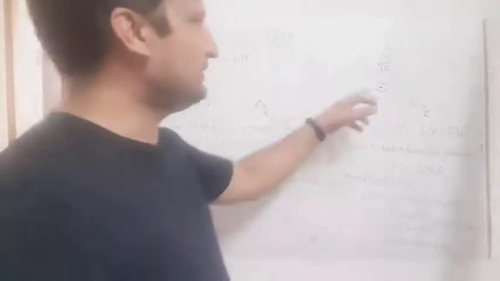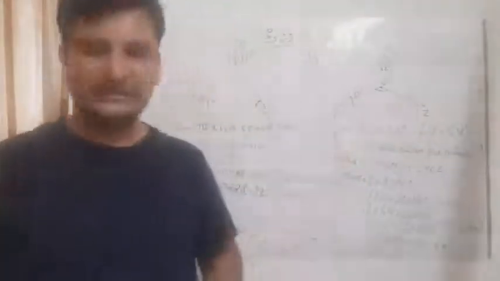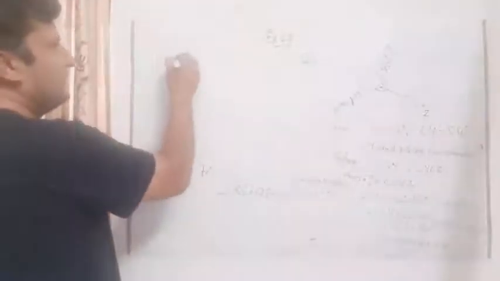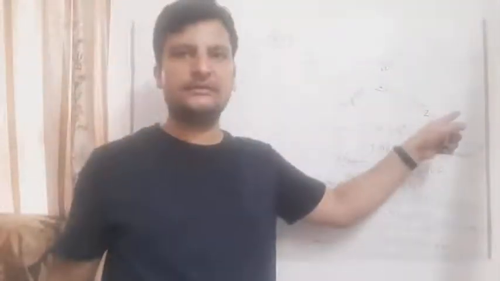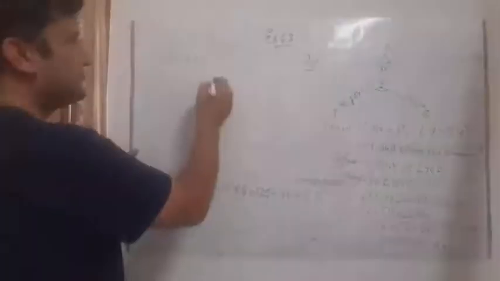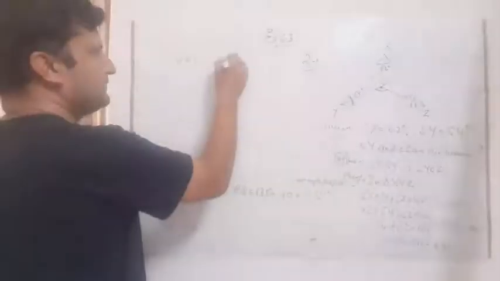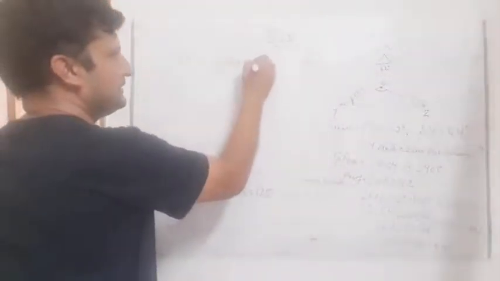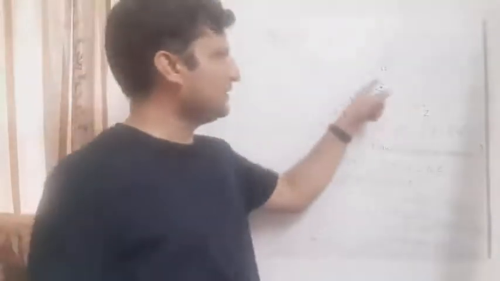Now students, what do we have to do? We have to find the value of these angles. We have to find angle OZY. This line is the bisector of angle OZY, so we take half of 64, that is 32 degrees. Similarly, we have to find angle YOZ.